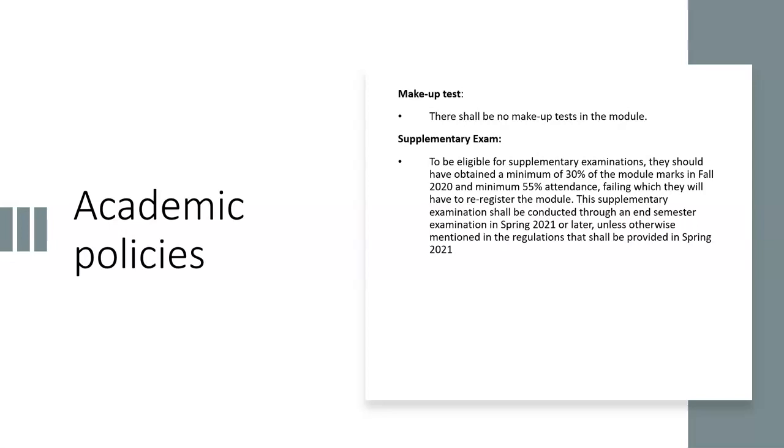But anyway, as a course instructor, this regulation has been told to you. The eligibility criteria to take up a supplementary exam is that you should have scored a minimum of 30 marks in your module, and the second eligibility is that you should have 55% of attendance.